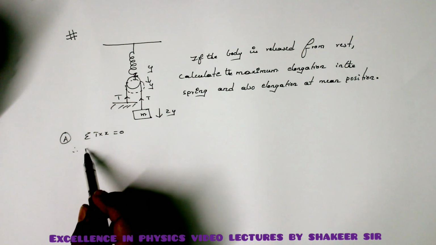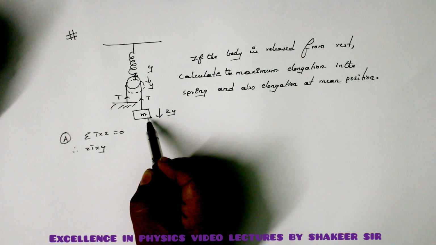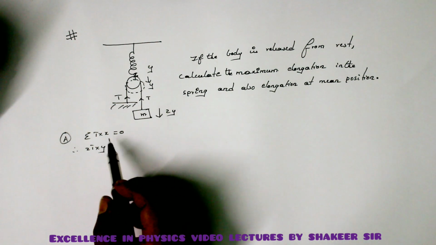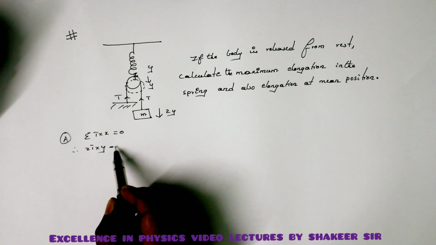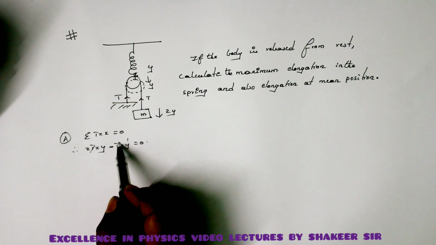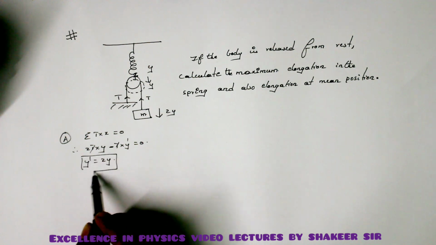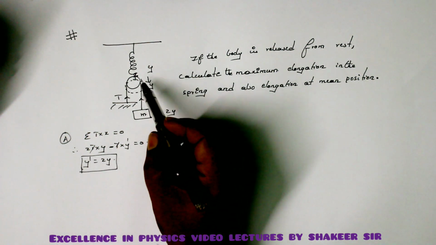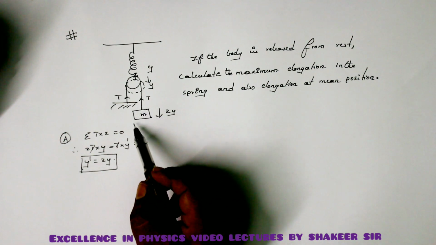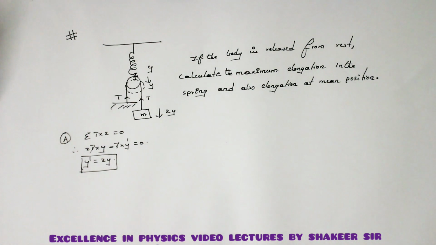So therefore we can write 2T into y, and on this mass tension is acting upwards but the body is coming down by a distance of y dash. So therefore I will write minus T into y dash should be equal to 0. So T gets cancelled, so y dash is equal to 2y. So in this method also I can calculate. So y is the elongation produced in the spring, and y dash is the distance this mass m will come down. So we got the first relation here.